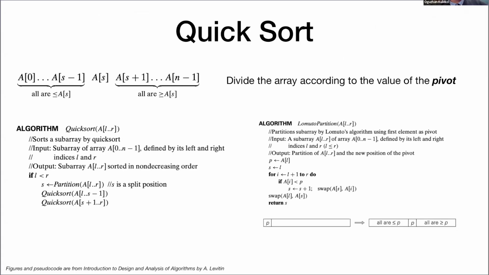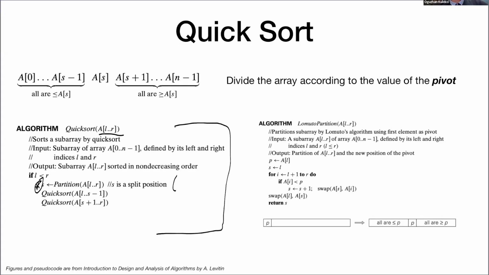So let's have a look at the pseudocode. It's very, very simple. Again, that's a recursive one. We have the input array, and we choose a pivot element and run a partition.